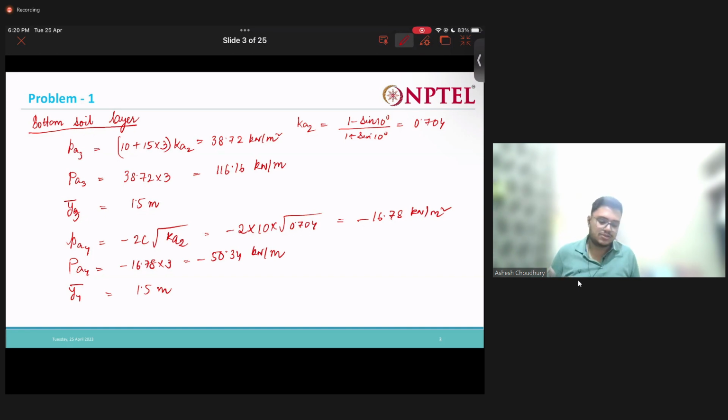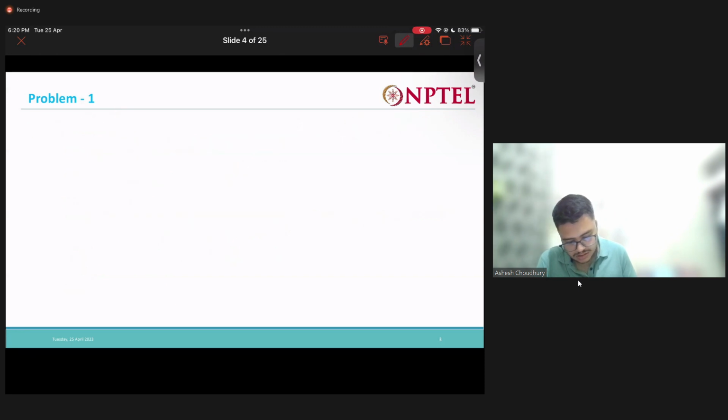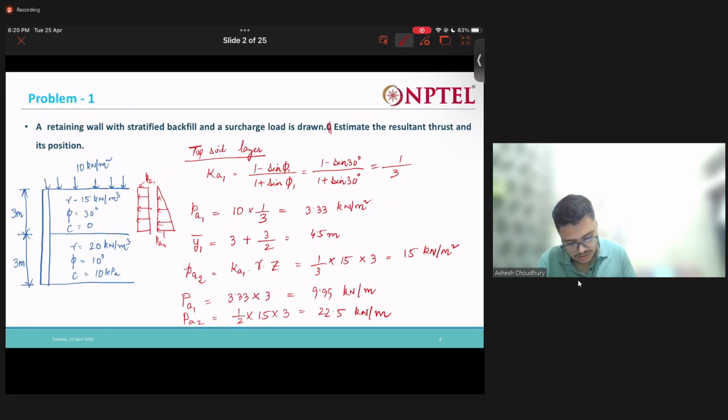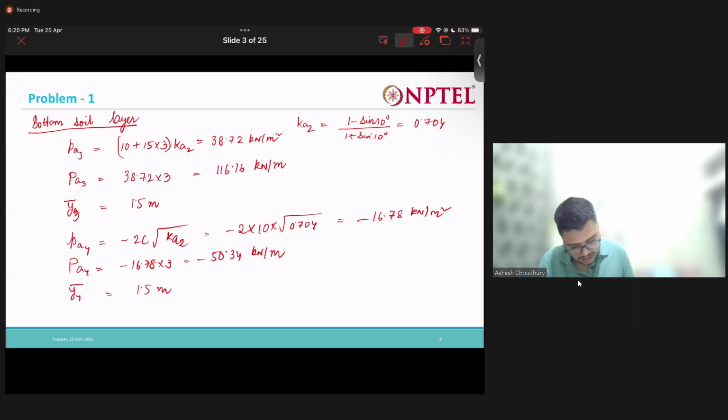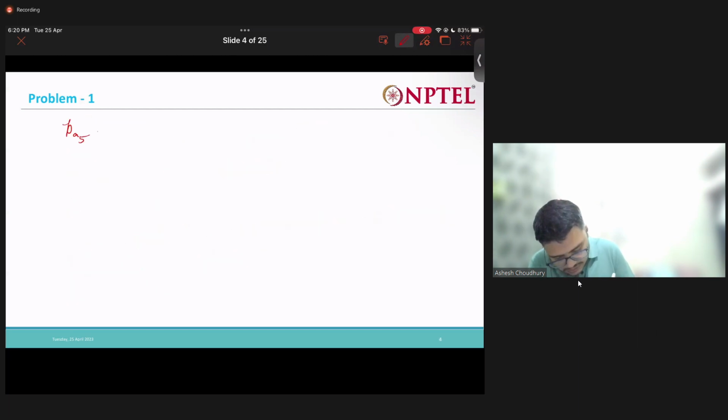Right? Third part is the effect of the soil mass that varies with our depth. It's anyway Ka2 gamma2 Z, right? So let us write that. pa5 is equal to K2 gamma2 into Z. So nothing but 0.704 into gamma.